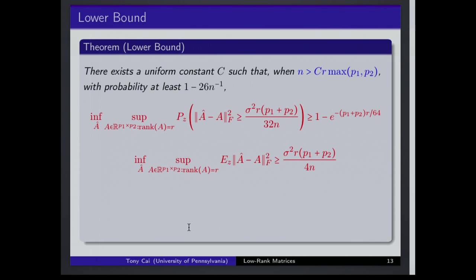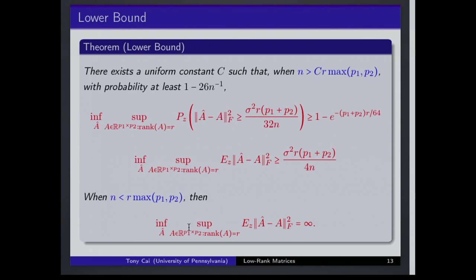And you can also write this in terms of expectation, instead of high probability. And also in both the lower bound and upper bound results, we have a condition on the sample size. And for the sample size, you can also obtain a lower bound to show that that sample size requirement is necessary.